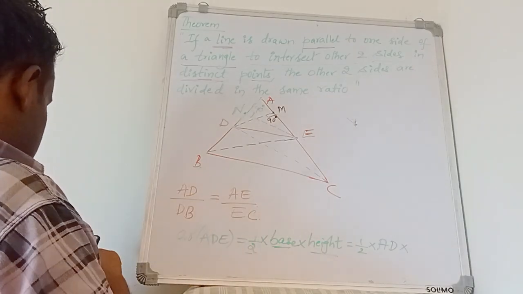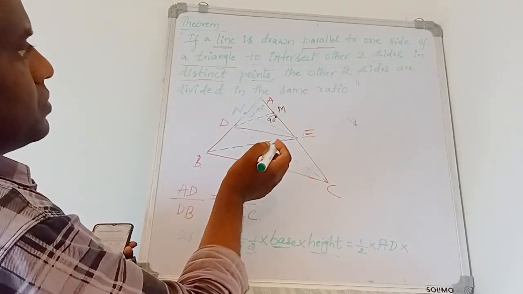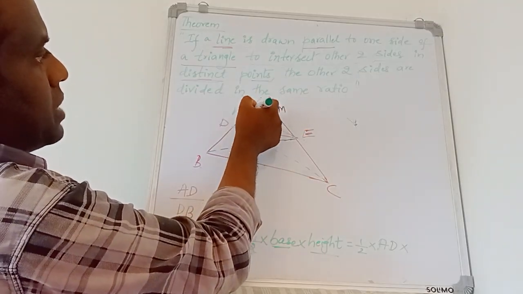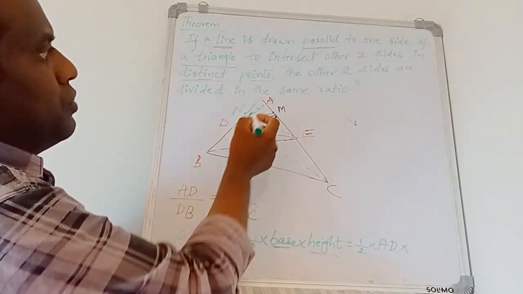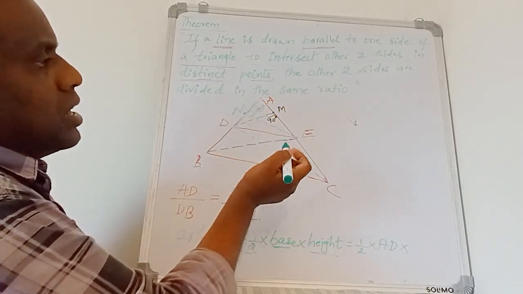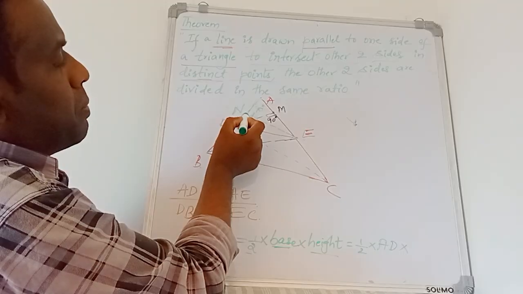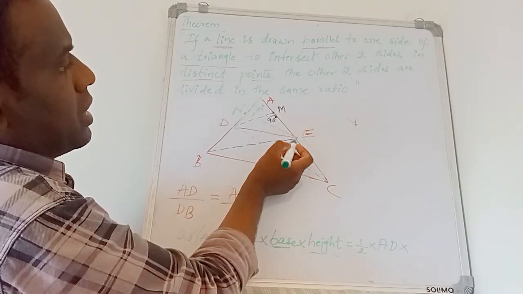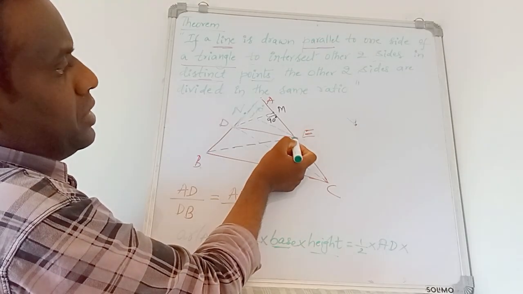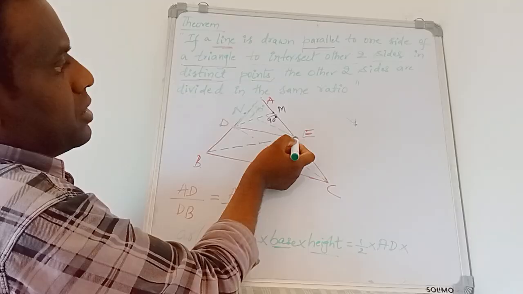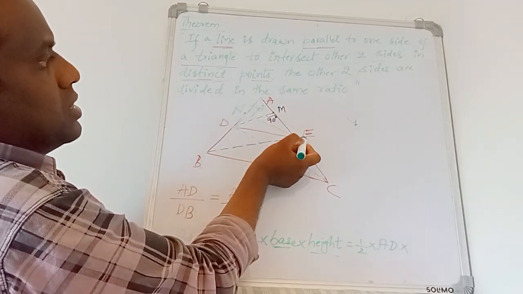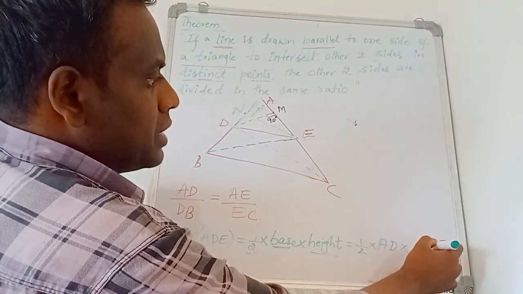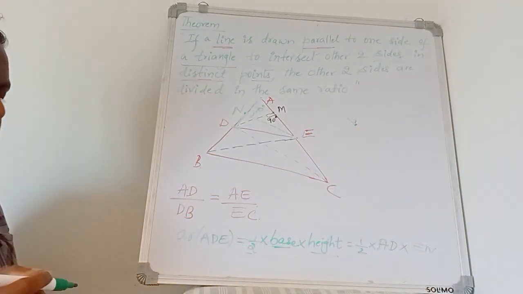Next, height. When we consider this as the base, the height will be the perpendicular line drawn from this point E. The perpendicular line is EN. So this EN will become the height. So I will write height as EN.